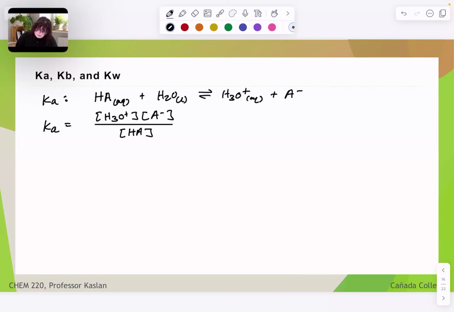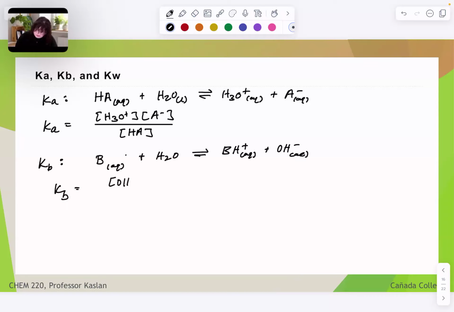I could do the same thing for Kb, which is in reference to some base undergoing a dissociation in water to create BH plus and OH minus in solution. So Kb would be concentration hydroxide times concentration of the protonated base over concentration of molecular or undissociated base. And then lastly, I can show the autoionization of water.